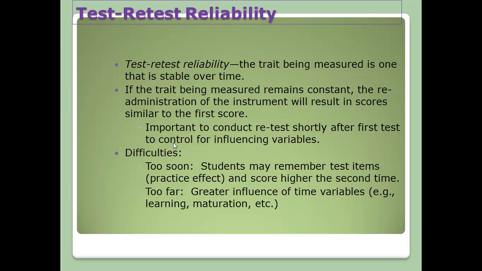So the trait remains constant. The readministration of the instrument should result in scores that are similar to the first score. Now, remember, it's important to conduct retests shortly, but not too shortly and not too long after the first test, because we want to be able to control for influencing variables.